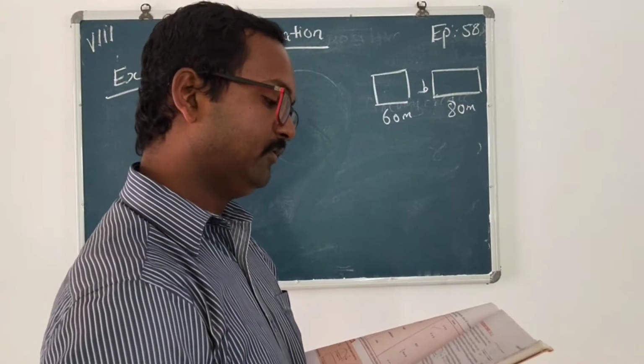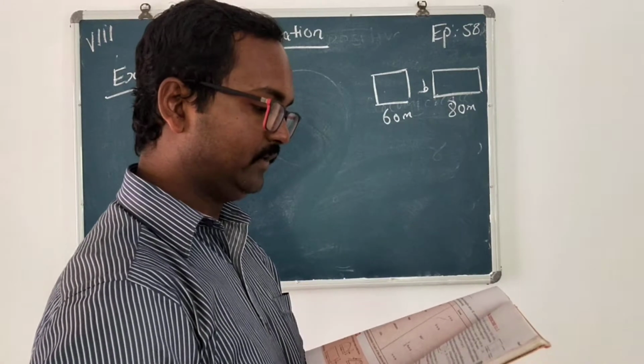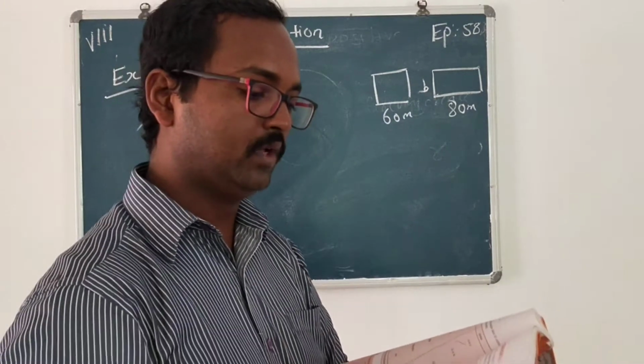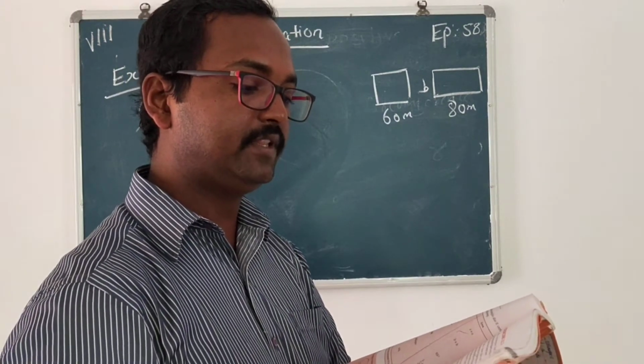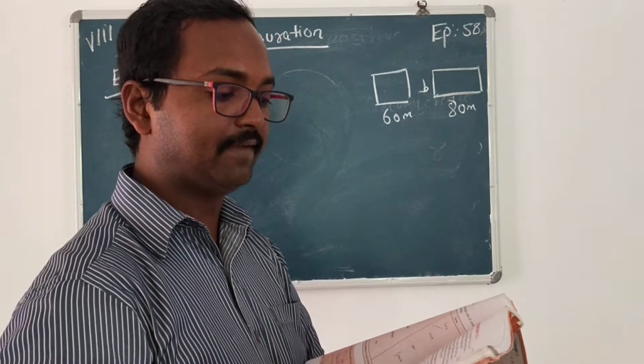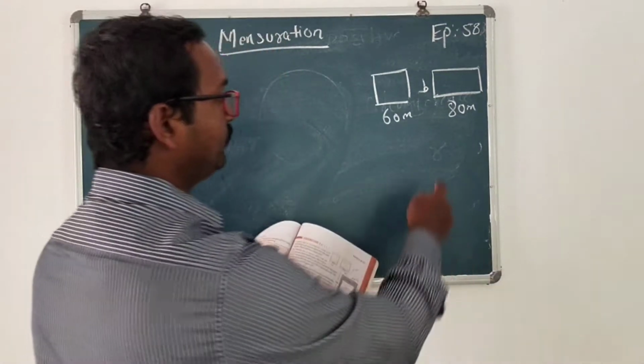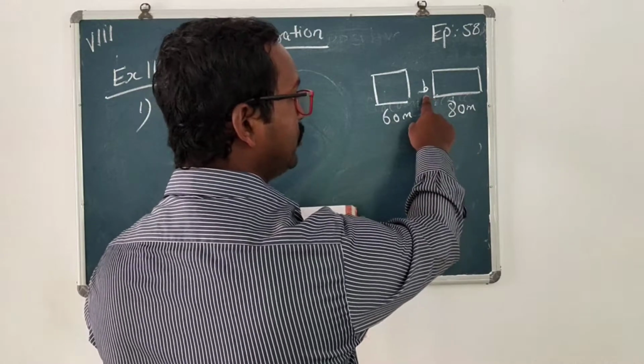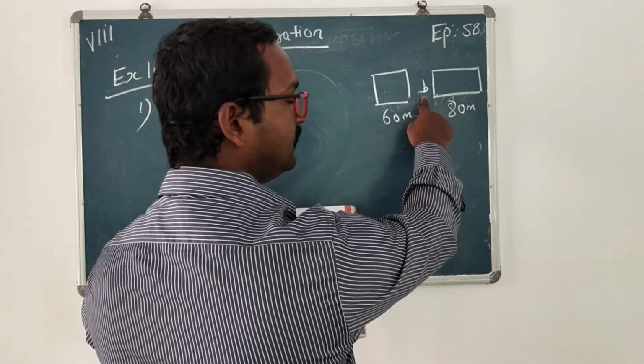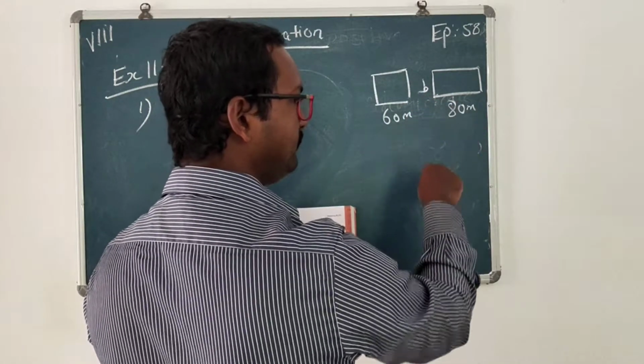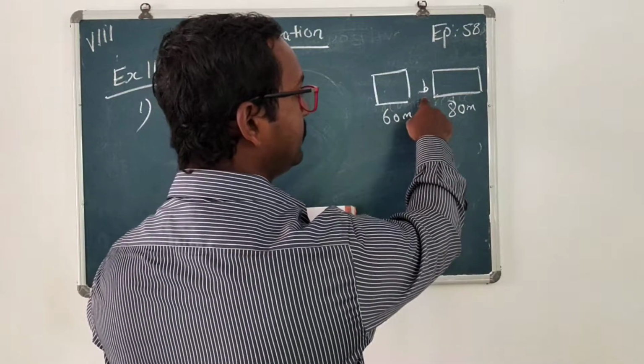Okay. Now before that, in the question it is given a clue that a square and a rectangular field with the measurements as given in the figure have the same perimeter. So to find the area of a rectangle, we have to know the breadth or width, but here it is missing. So first thing we have to do is find the breadth.